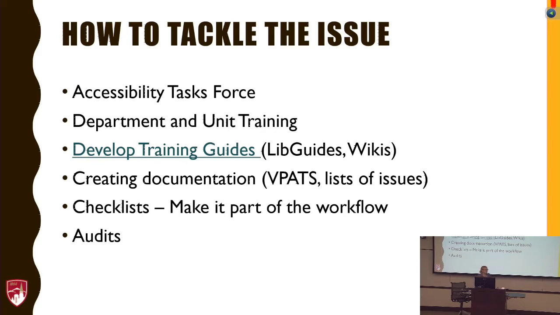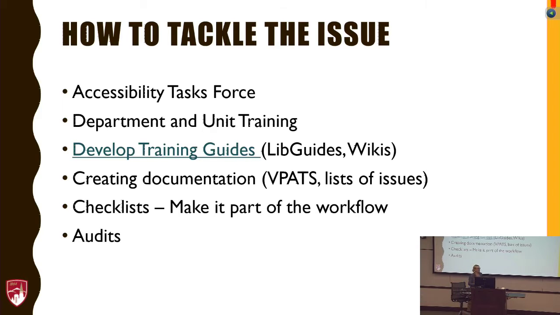Those are the documents that every database provider should be providing the library to say whether or not that database or resource is accessible and how accessible they are. So we're going through and auditing every single department. We basically have this huge spreadsheet now that says what is wrong, what are we not doing, and how are we going to fix that.